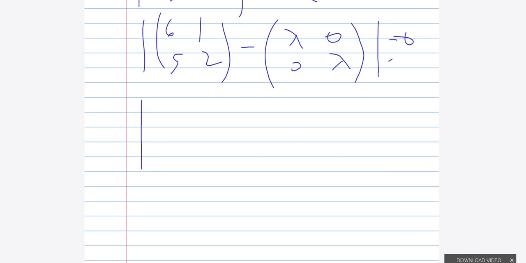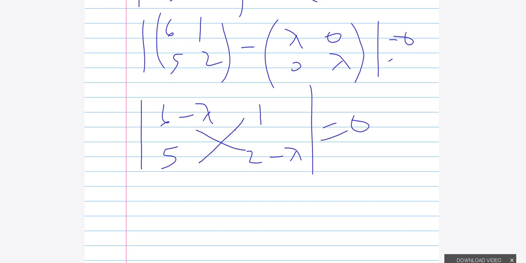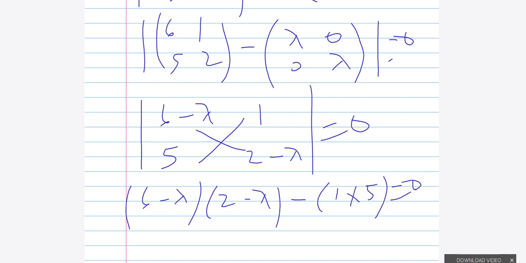Then you have 6 minus lambda, 1 minus 0 which is 1, 5 minus 0 which is 5, 2 minus lambda, equals 0. You now find the determinant: you multiply this by this minus this by this. So that will be (6 minus lambda) times (2 minus lambda), minus 1 times 5, and you equate it to 0.